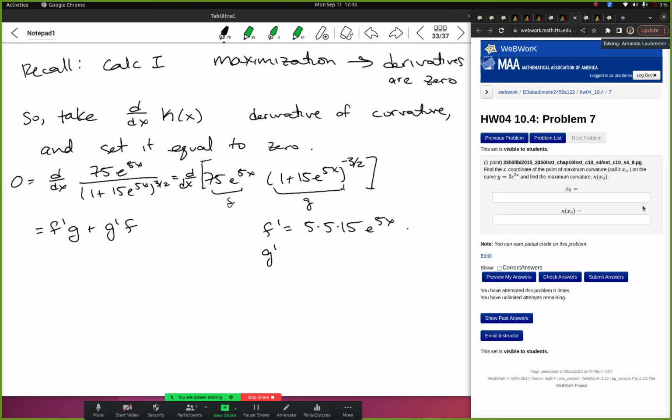I left it that way in case some of those numbers cancel out later. And then my g prime is going to need a power rule first. So like this -3/2 comes out front. And then I subtract 1 from my current power, and it becomes -5/2. And then it also needs a chain rule because what's inside wasn't just like x, it's a function of x. And so that derivative is going to be 5 times 15 e to the 5x.